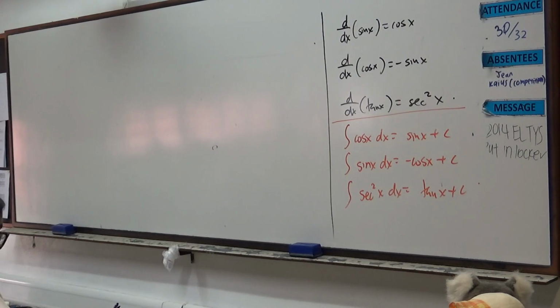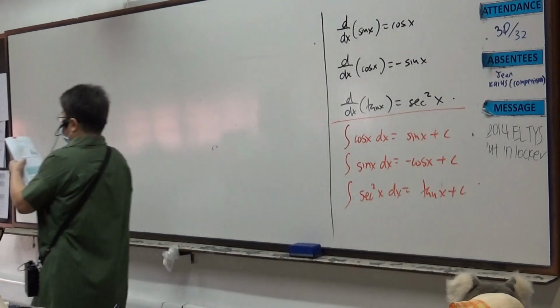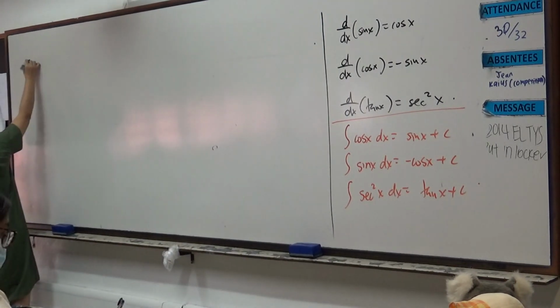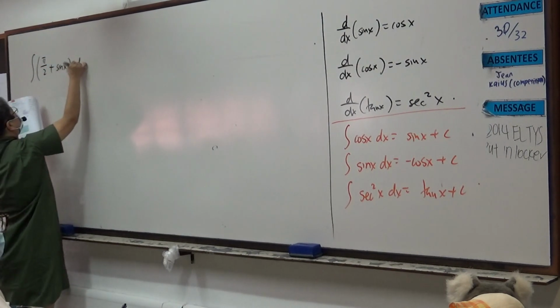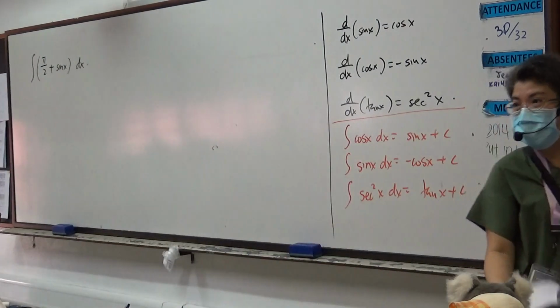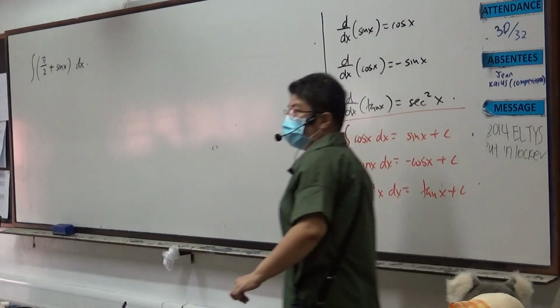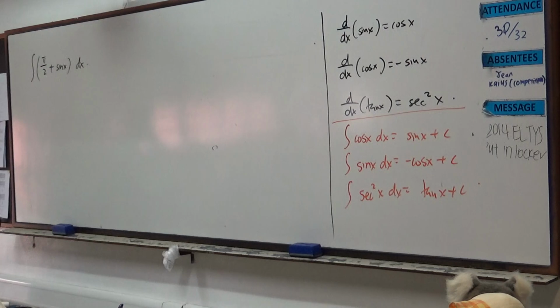Now I am going to show you example 9 first, using this one. First you must know pi is a constant. What's the value of pi actually? 3.14, right? Now I integrate separately.